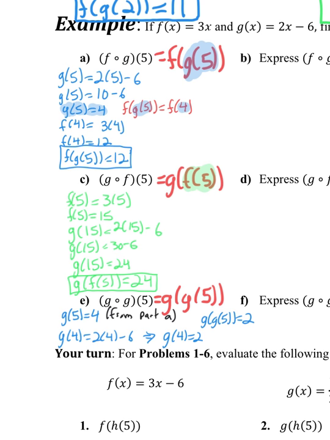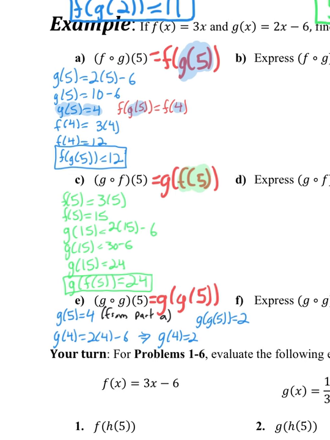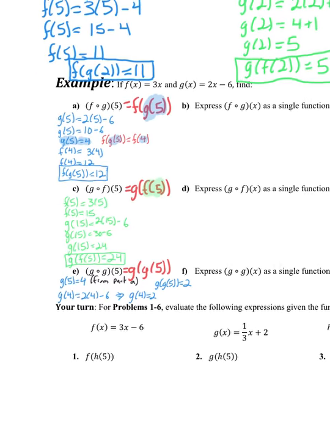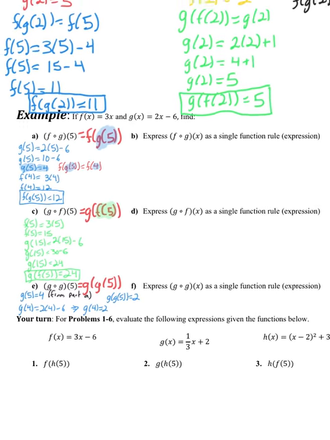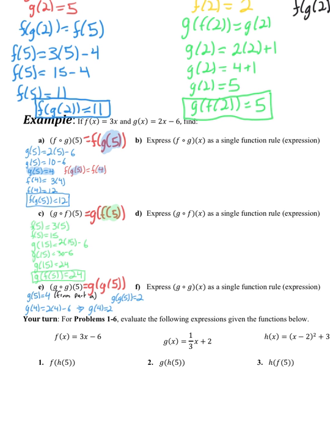Okay, so now what I want to show you guys is the second part, parts B, D, and F. It says express f of g of x as a single function. And what that means is we want to take g of x, just straight up g of x, and we want to input that into f.